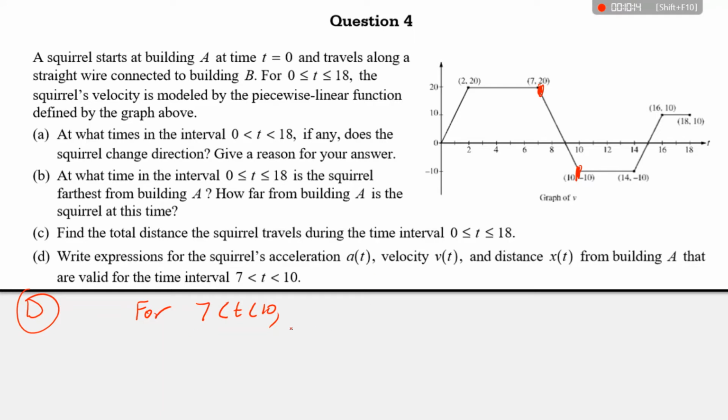The acceleration at any time was, say again?